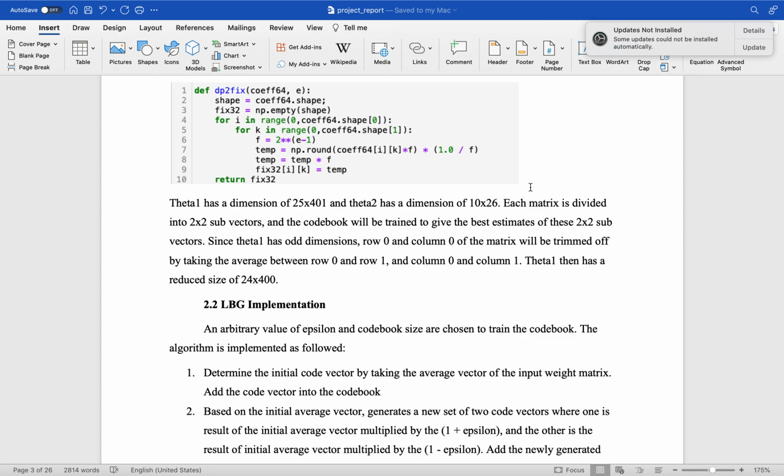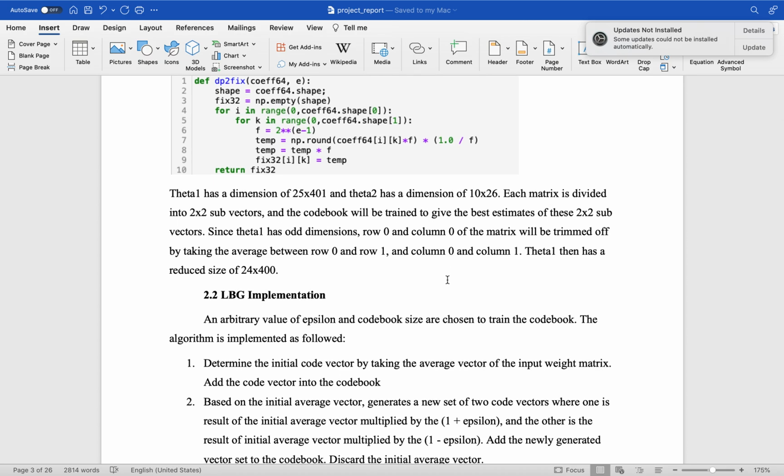Each matrix shall be divided into 2 by 2 sub-matrices, so it's going to be 4-element vectors. The codebook will be trained to give the best estimates of these 2 by 2 sub-matrices.